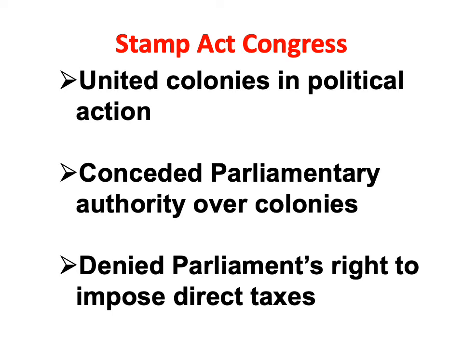But they sent representatives to get together to protest the Stamp Act. They did readily acknowledge that Parliament had authority over the colonies. They acknowledged that they were loyal to the king, but they denied that Parliament had the right to impose such taxes.